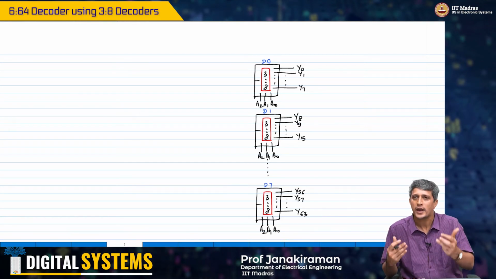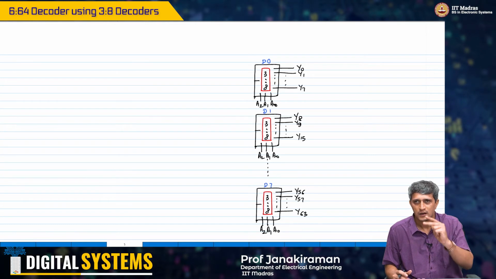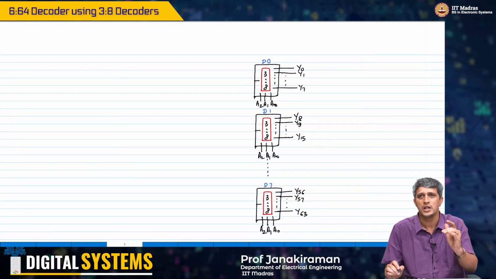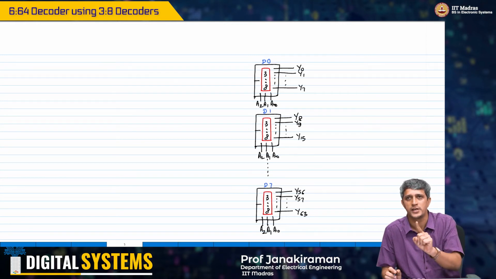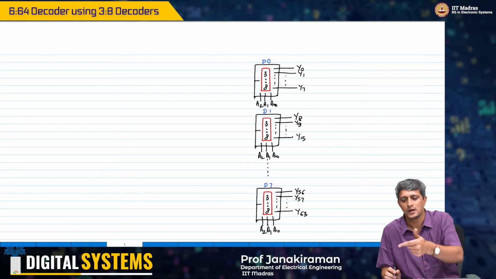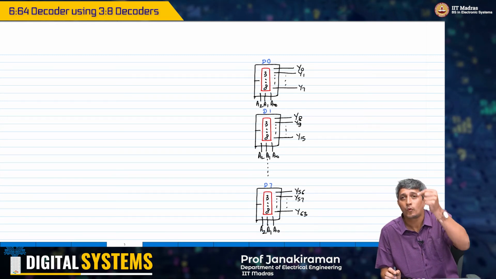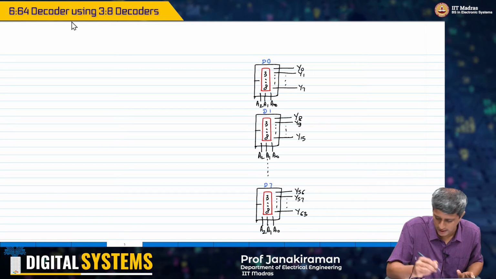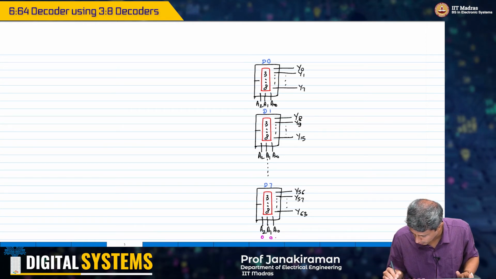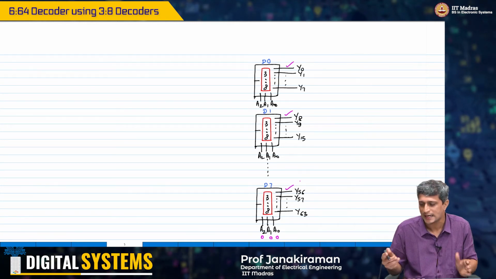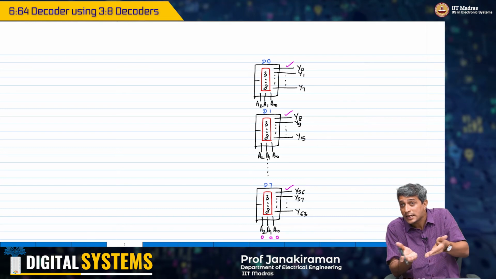When A0, A1, A2 are 0, 0, 0, it is possible that only one of these decoders or many of these decoders, depending on the enable signal, will have its Y0 signal go high. So if this is 0, 0, 0, either this could go high, that depends on that decoder's enable.